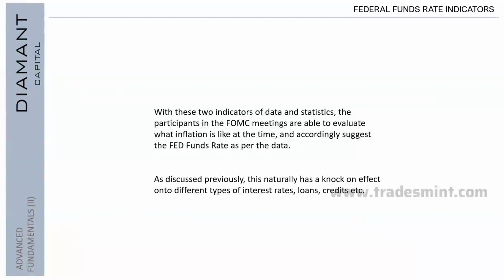As you can tell, it's very influential because it affects the overnight lending and borrowing interest rate between the banks. Of course, that has a knock-on effect on the consumers of the banks. And of course, that's pretty much the entire population in the US, in the UK, everywhere around the world.